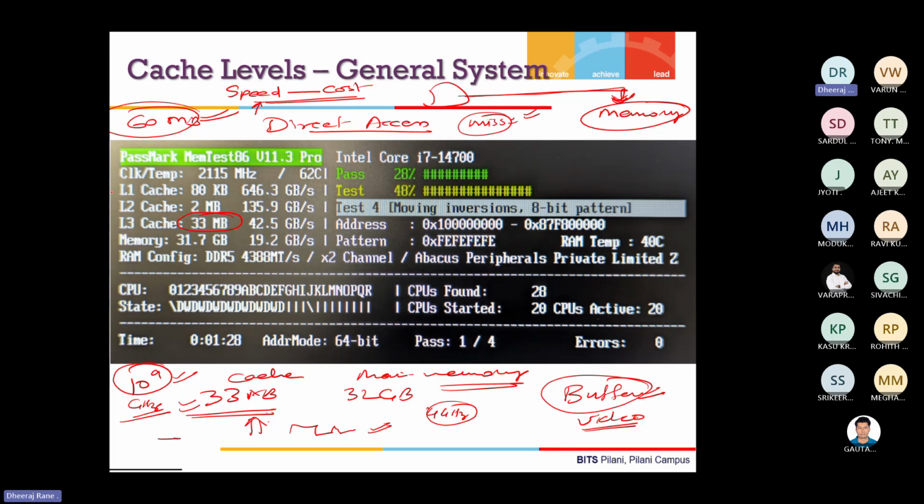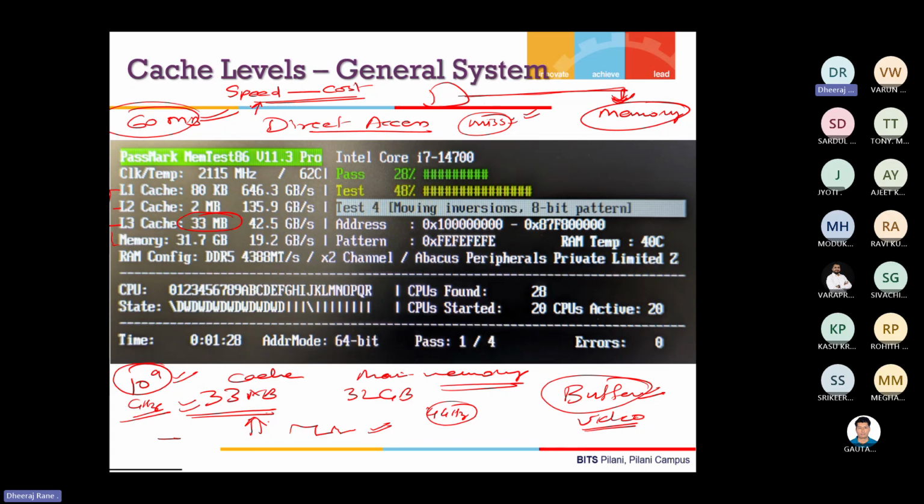Altogether, five entities are there: processor, three levels of cache, and main memory. It all depends on the processor clock speed and the size of L1, L2, and L3 cache.